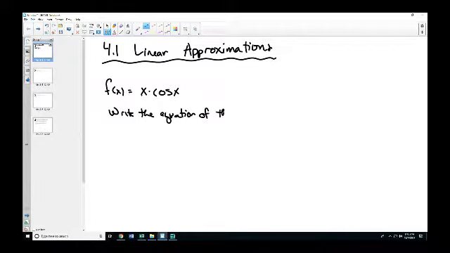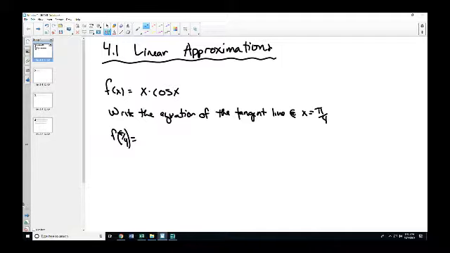Okay, so you might see, right, the equation of the tangent line at x equals pi over 4. So we need f at pi over 4, right?